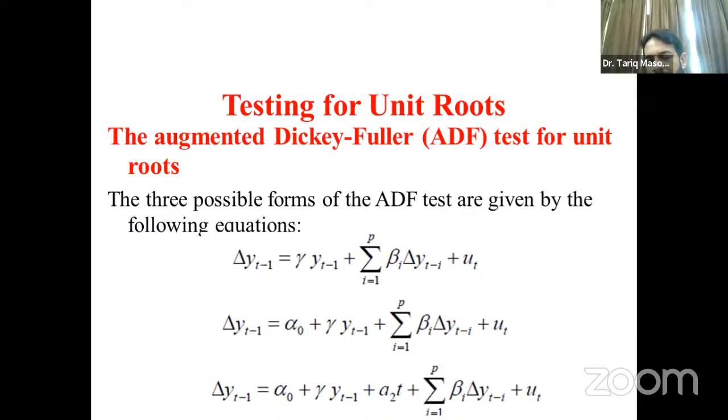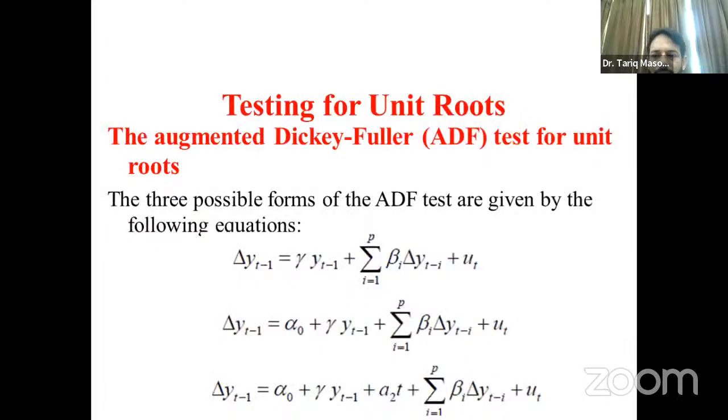Our dependent variable is delta yt, so we have to add some lagged values of delta yt. Now the null hypothesis is the same. In all the ADF representations we have written, the null hypothesis is the same.